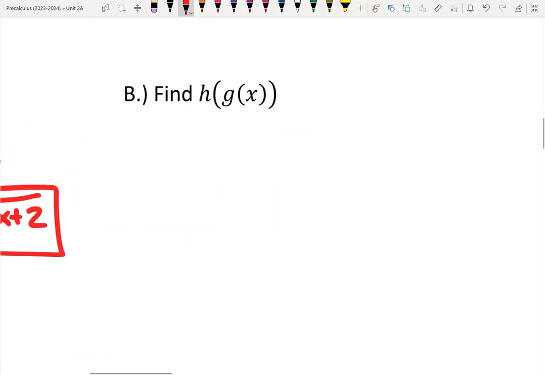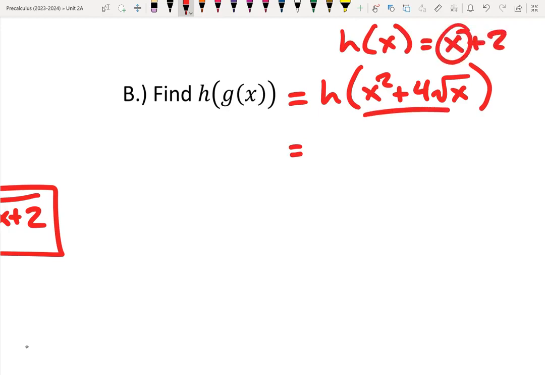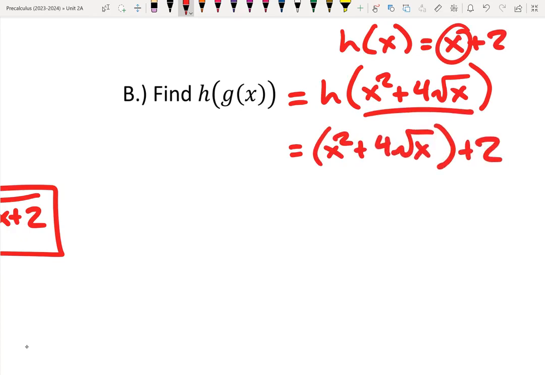Okay, part B. Damien, help me with part B. What is function h? What is h of x? So then instead of x, what are we putting? There we go, right? So x squared plus 4 rad x plus 2.